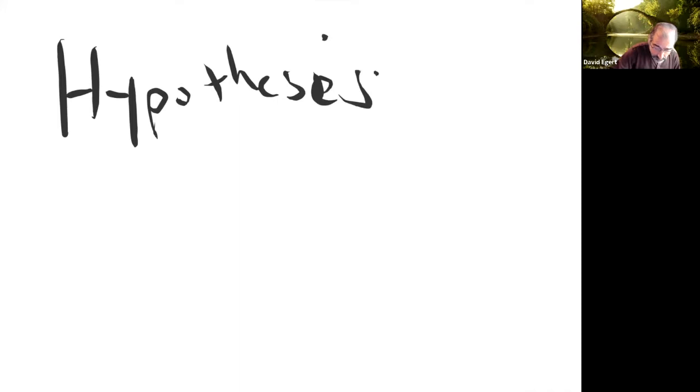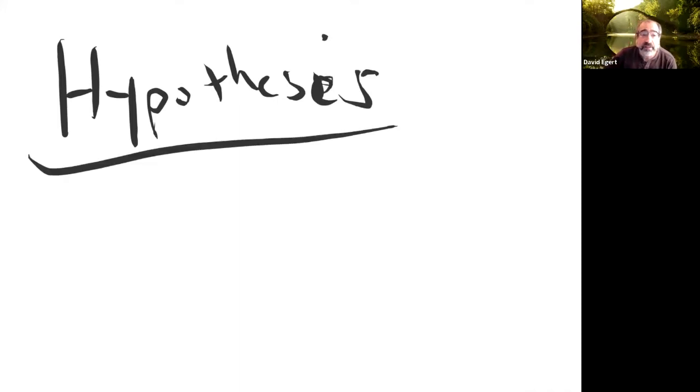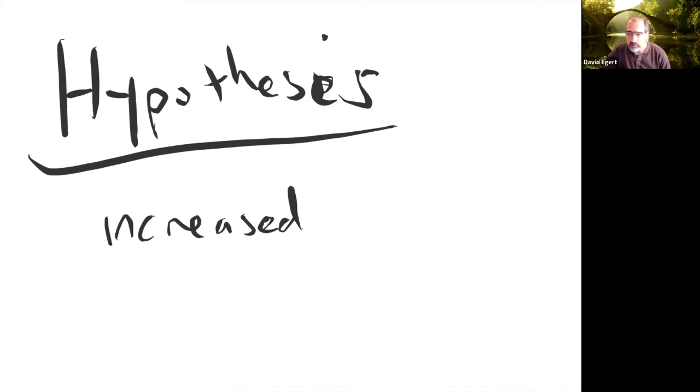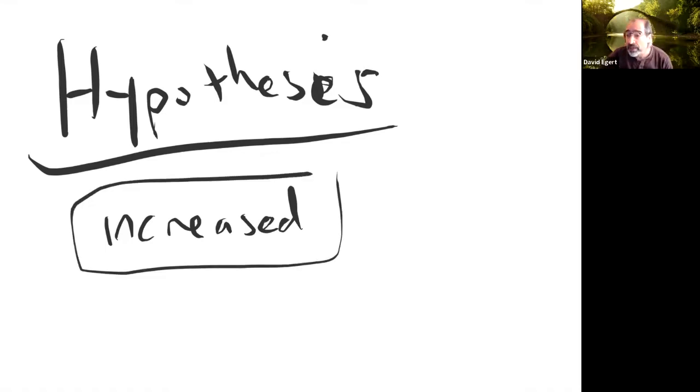For the hypotheses, the one thing that was very common was people talking about increased. Group 1 will have increased urine production because of blah. To increase or decrease, you have to have someplace you're starting from, right?